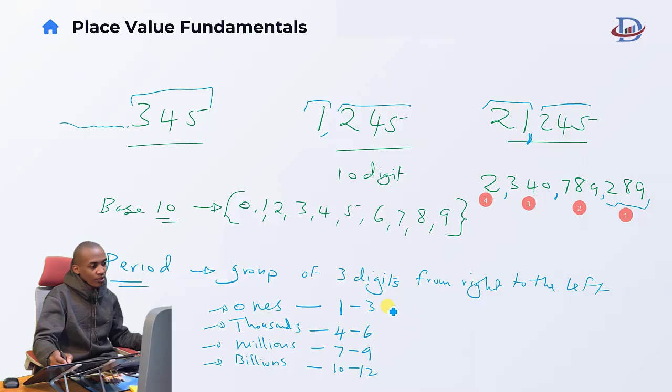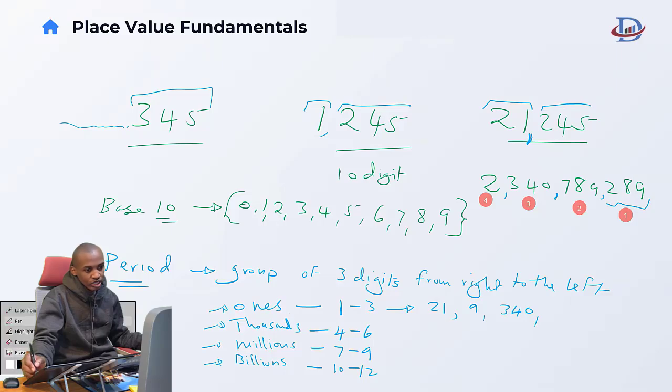So for example, you can have any number with 1 to 3 digits. We can say 21, we can say 9, we can say 340. This one has 2 digits, this one has 1 digit, and that one has 3 digits.